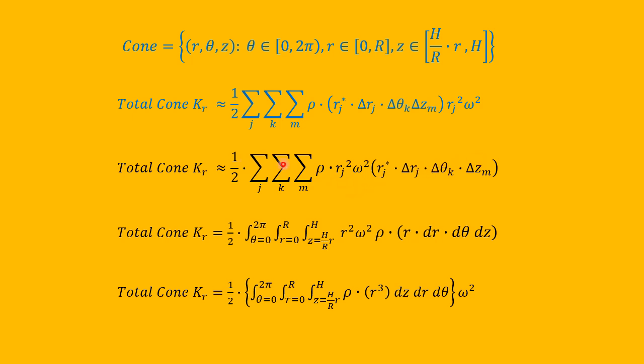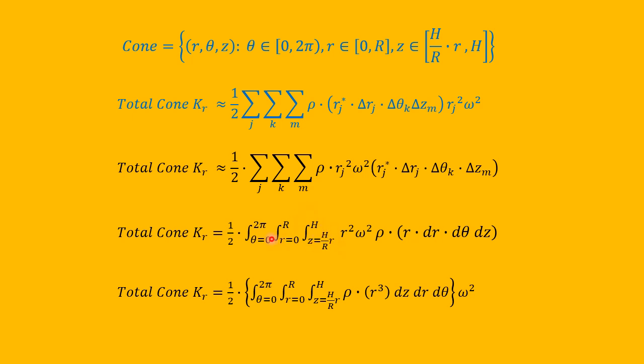And then this triple sum is a Riemann sum approximating a triple integral. And we can write that triple integral as an iterated integral, which is shown right here. We have 1/2, which came from here obviously. Theta goes from 0 to 2 pi, little r goes from 0 to capital R, and z goes from H over capital R times r to H.